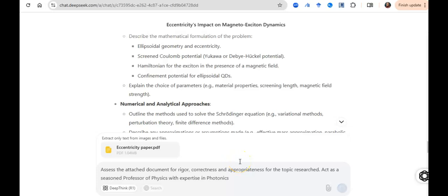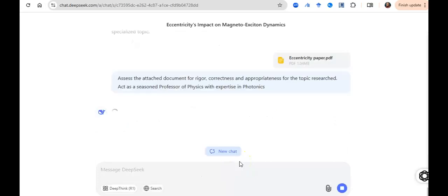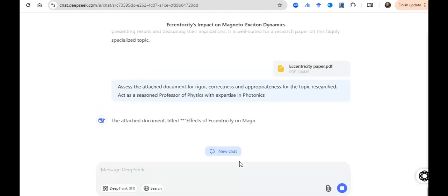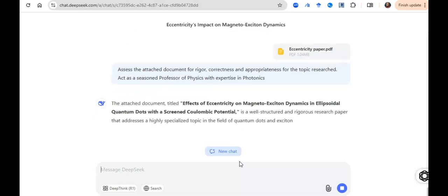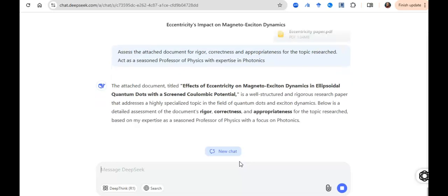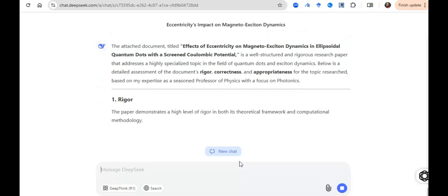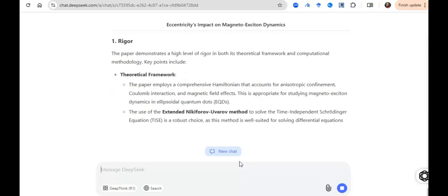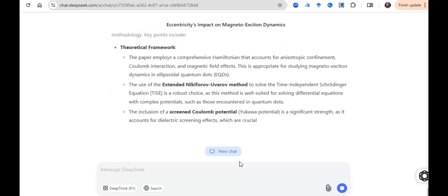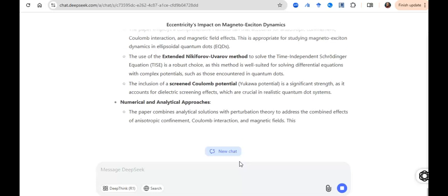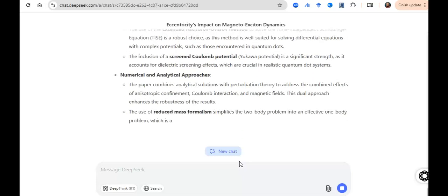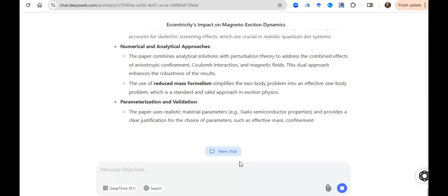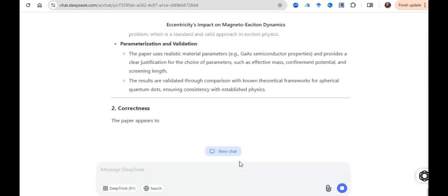And so you just click on enter, and it's going to read through the paper. It's going to give you some of the very best review you have ever seen. In fact, it's going to do even more than a human reviewer. It's going to tell you that what you've done is rigorous. The theoretical framework is a good standpoint. You've included all the components that you should have in the paper.